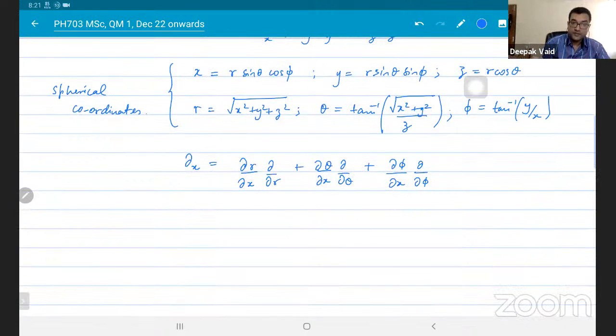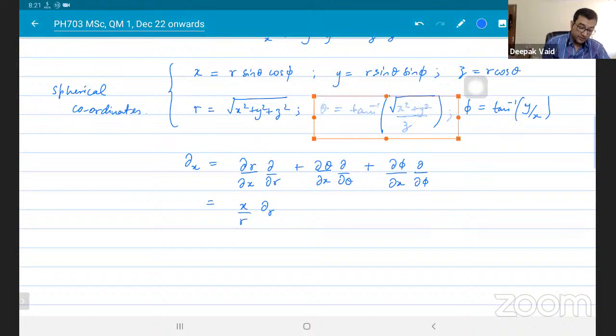So you can do the same thing for y and z. So dr/dx, for instance, you can look at this expression, and when you take the derivative, you'll get x/r.